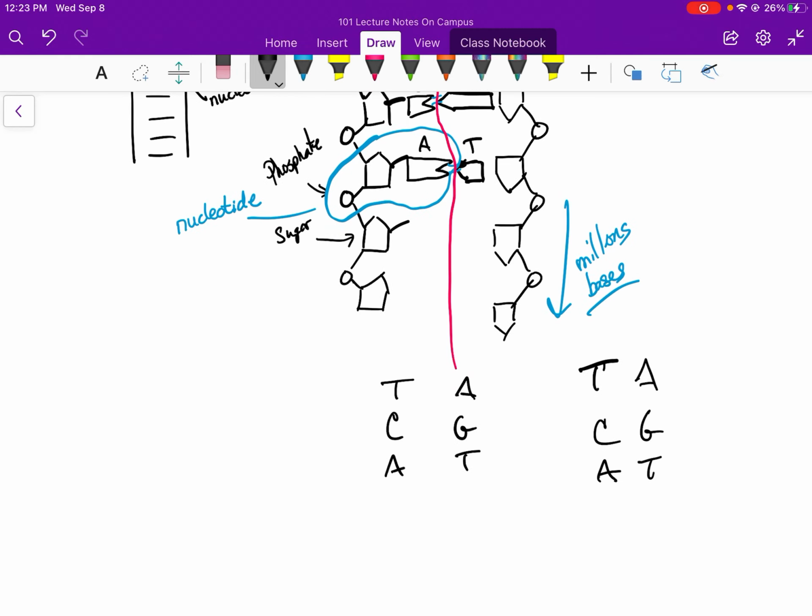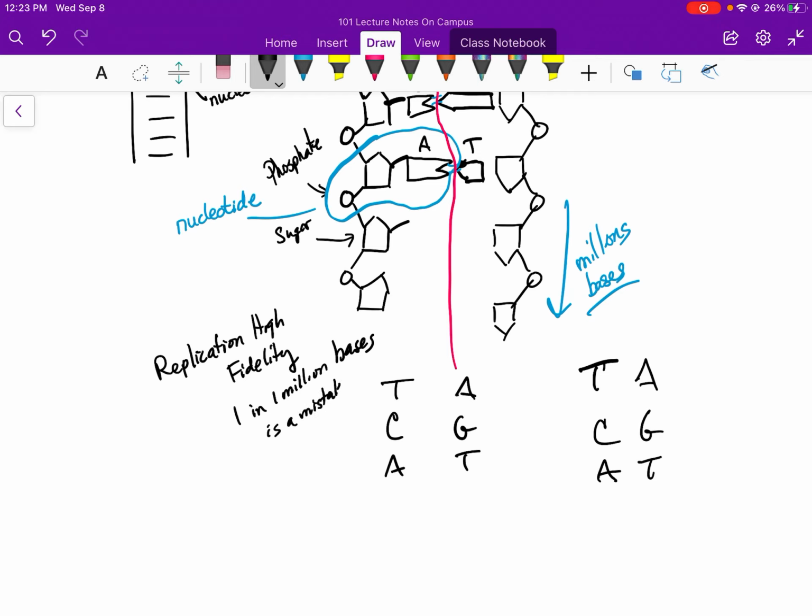So when DNA replicates, it has high fidelity, and that means that it makes very few mistakes. It makes mistakes about 1 in a million bases.